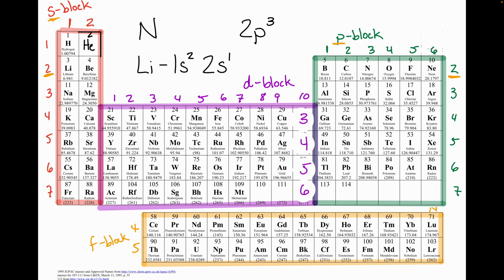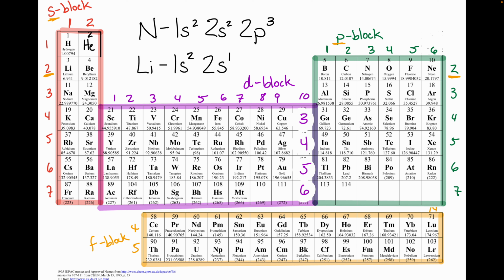I got my 2p, that takes care of this here. What goes in front of that would be this row right here, which is what? 2s. So it's also got a full 2s2, 1s2. So everything that came before it. What you'll notice is the larger the element, the more and more orbitals it has, because the more and more electrons it has.